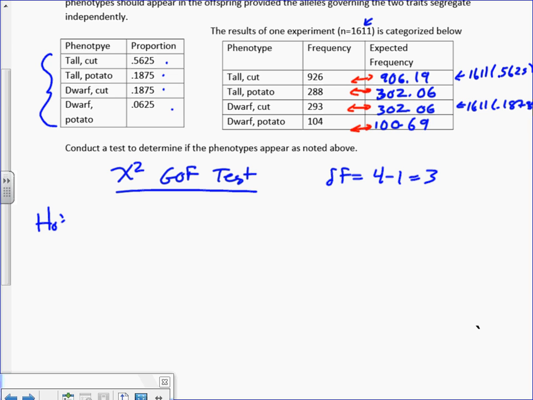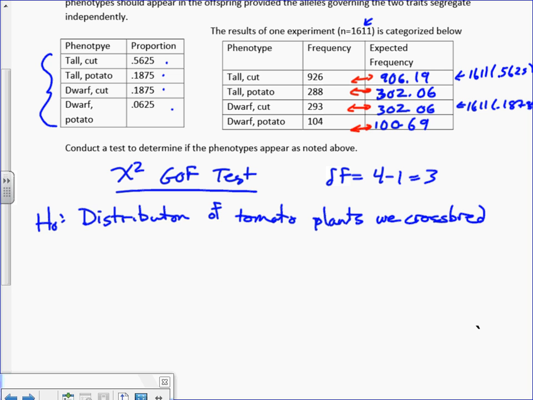Our null hypothesis is that the distribution of tomato plants that we crossbred is the same as stated proportions.